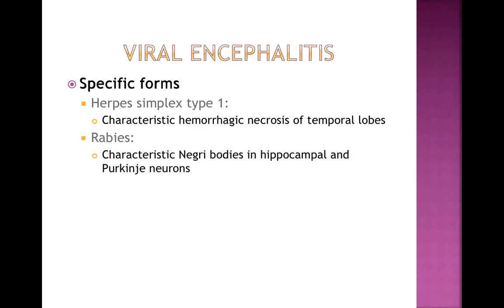There will be a finding in the temporal lobe of the brain. This is a very, very important point for the diagnosis. In case of rabies, Negri bodies are formed in the hippocampus and Purkinje neurons. So just remember, Negri bodies are formed in the hippocampus area, and these Negri bodies are diagnosed after the death of the patient because we need to do a brain biopsy to diagnose them.